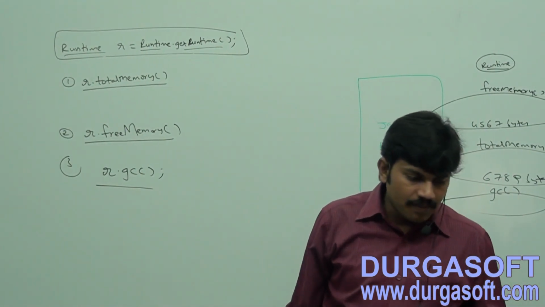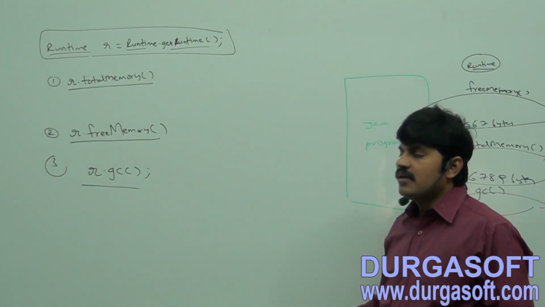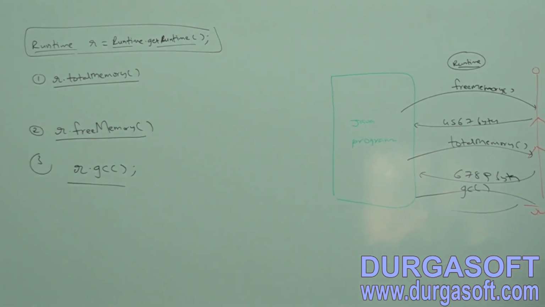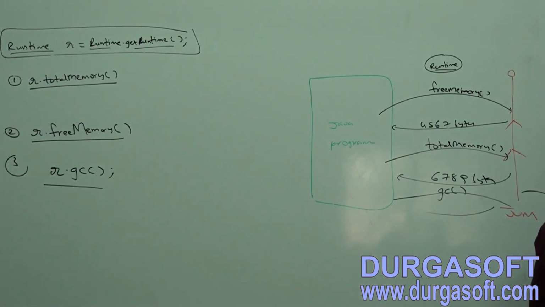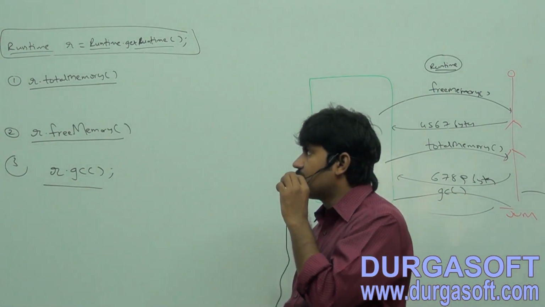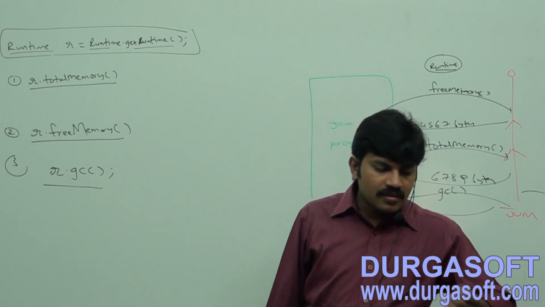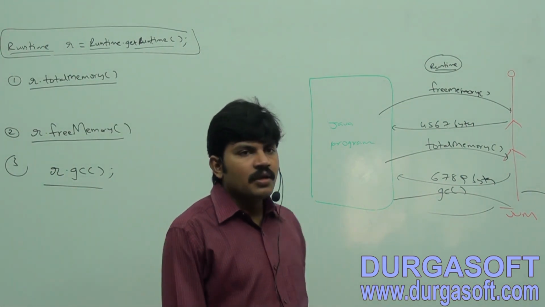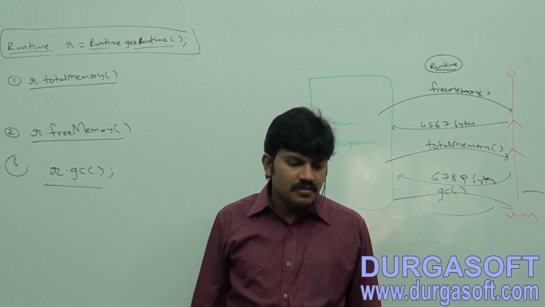Okay, keep noting down. By using the Runtime class, a Java application can communicate with the JVM. A Java application can communicate with the JVM by using the Runtime object.